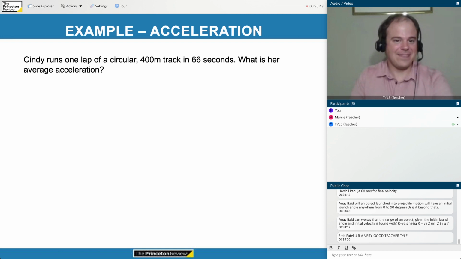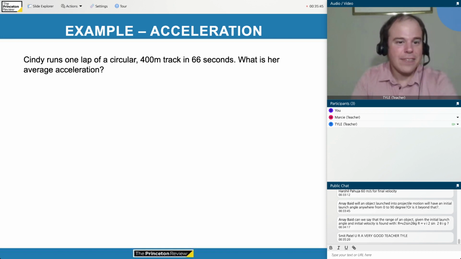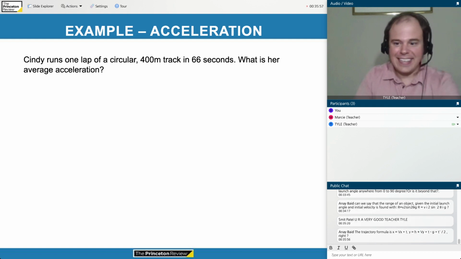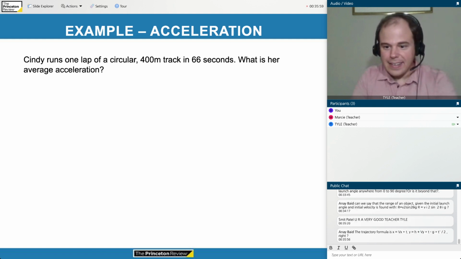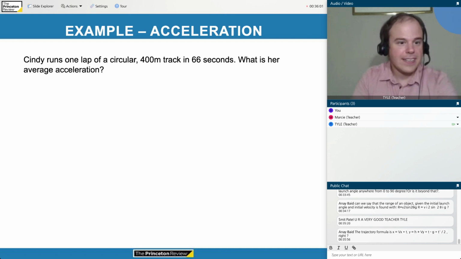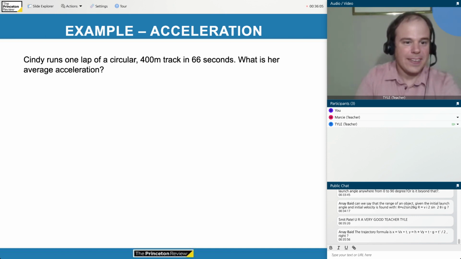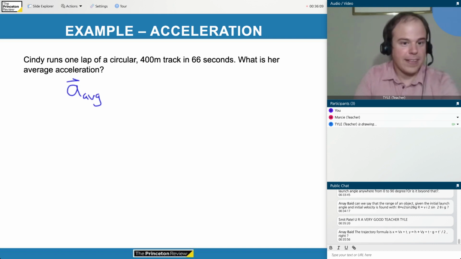All right. So what is Cindy's average acceleration if she runs in this circle? Well, so once again, I'll just use the formula that we learned for the average acceleration.